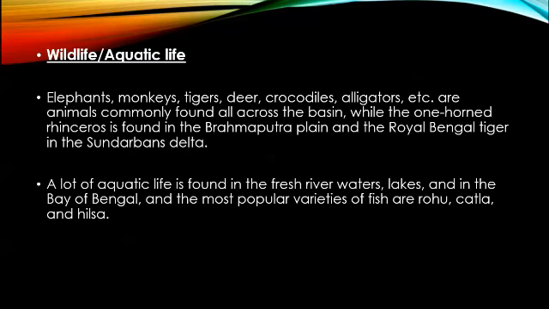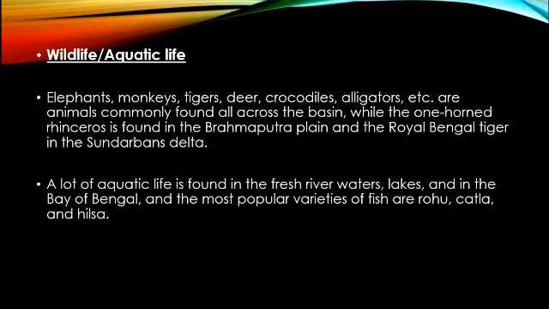Different animals like elephants, monkeys, tigers, deer, crocodiles, alligators, etc. are commonly found all across the basin, while the one-horned rhinoceros is also found in the Brahmaputra plain, and the Royal Bengal tiger in the Sundarbans delta.